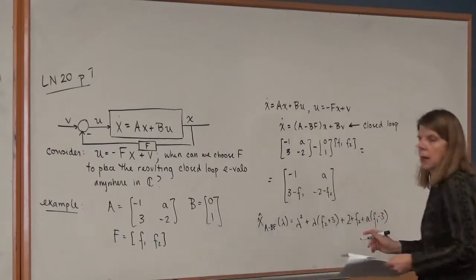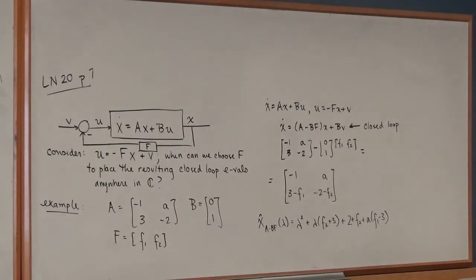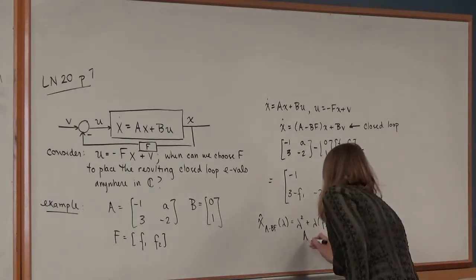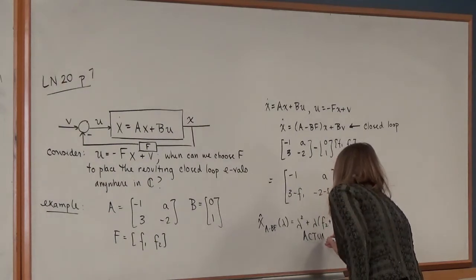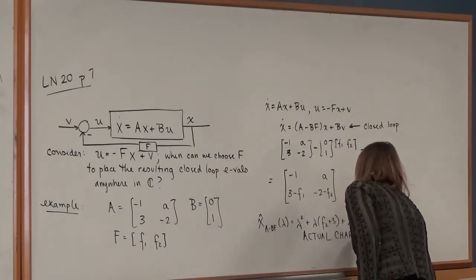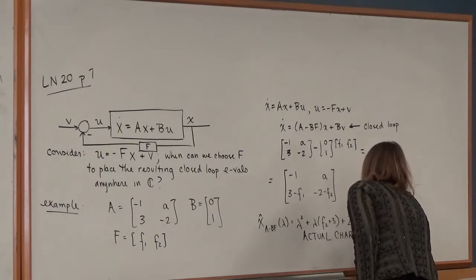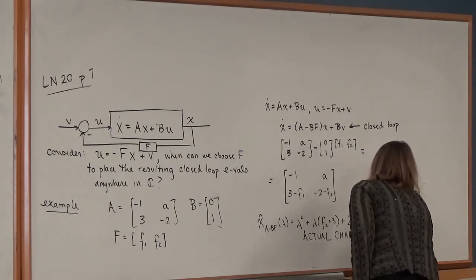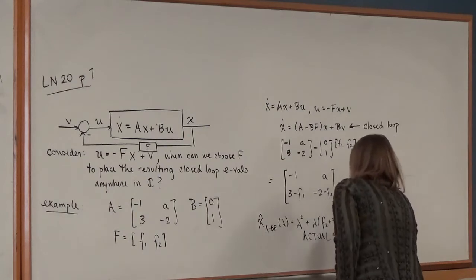Remember, a was a parameter in my original matrix, and F1 and F2 are just the parameters of my controller, my feedback controller. Okay, so that's my actual characteristic polynomial. I'm going to write actual to remind ourselves. This is the actual characteristic polynomial of the closed loop system of A minus BF. This is what we have.